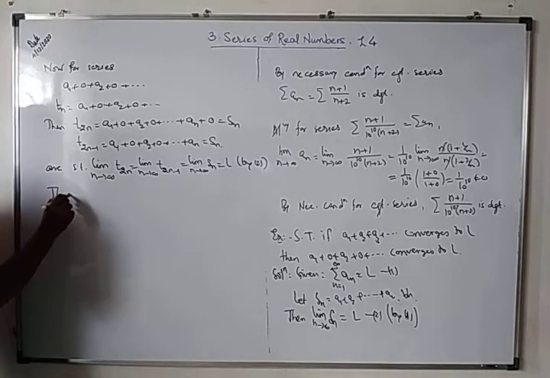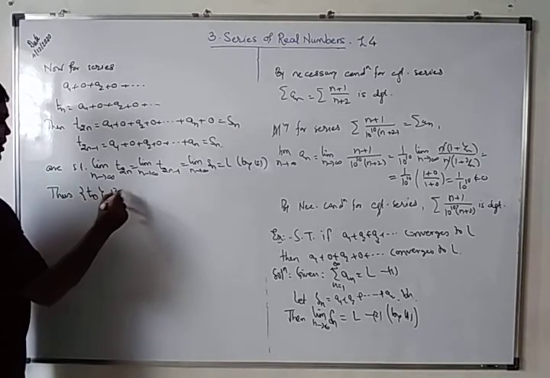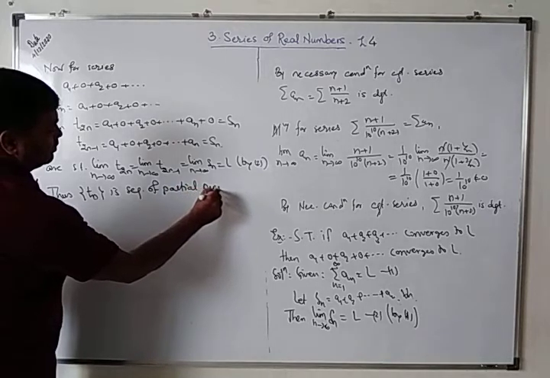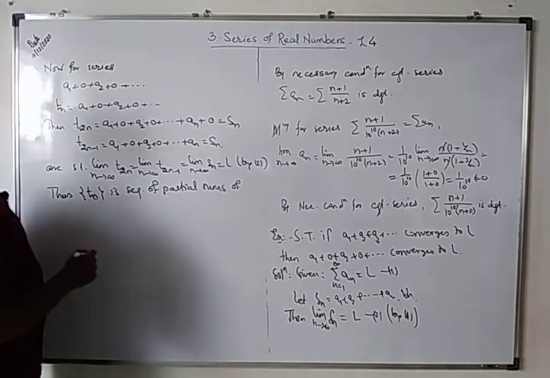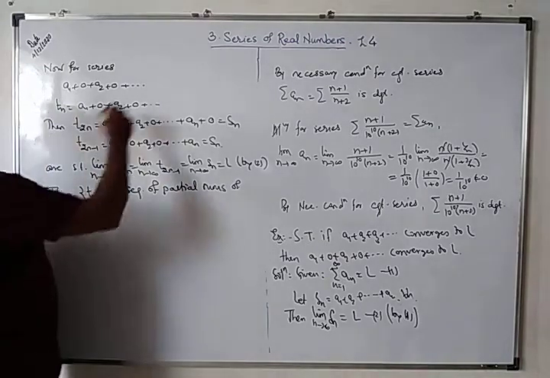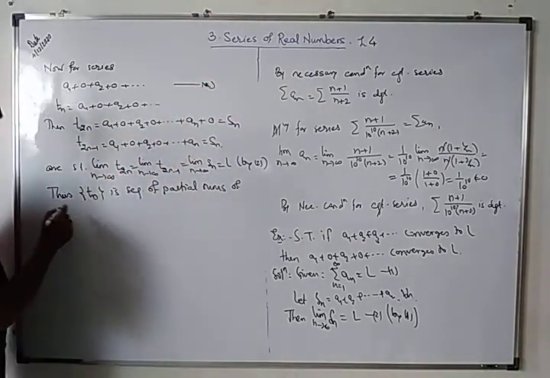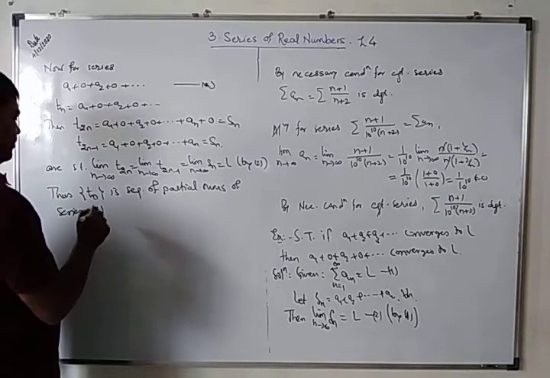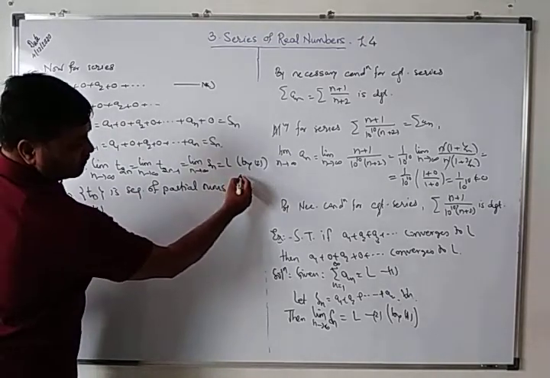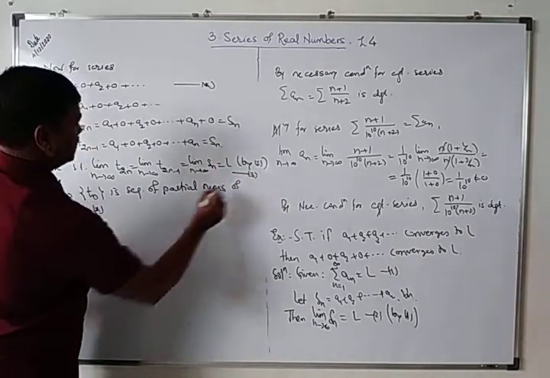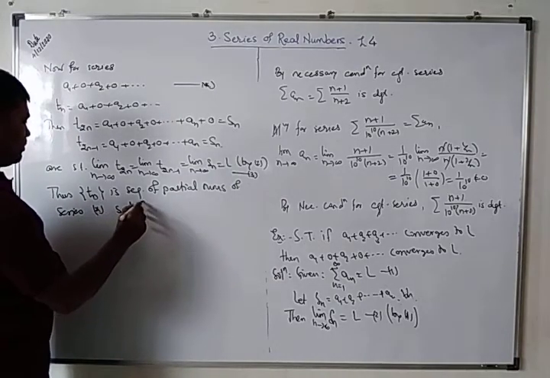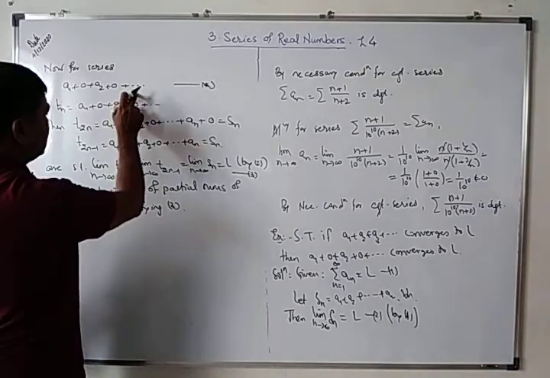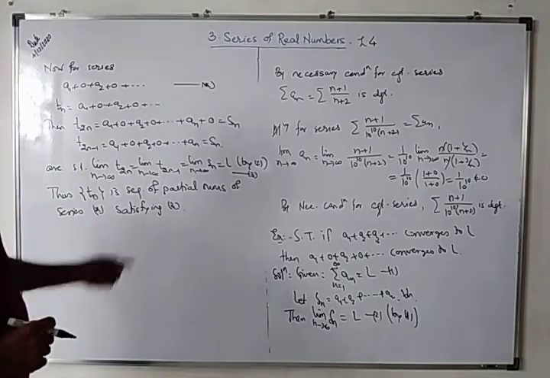Thus, Tn is the sequence of partial sums of the series satisfying this. So this is the series for which limit of T2n is equal to limit of T2n minus 1.